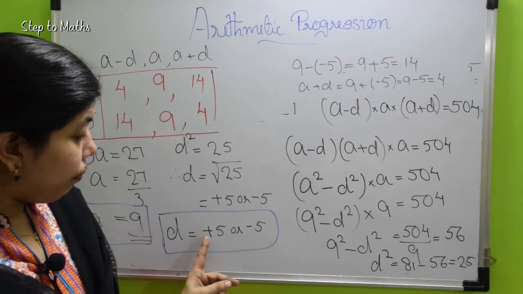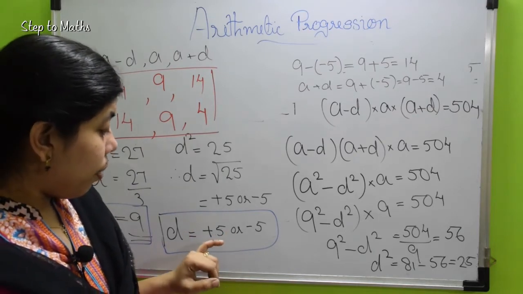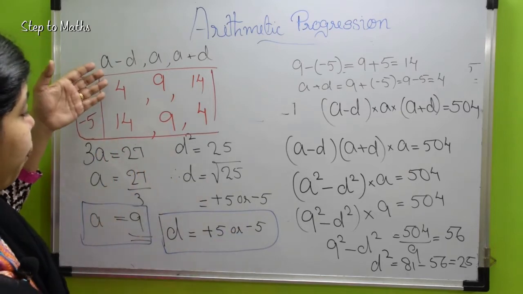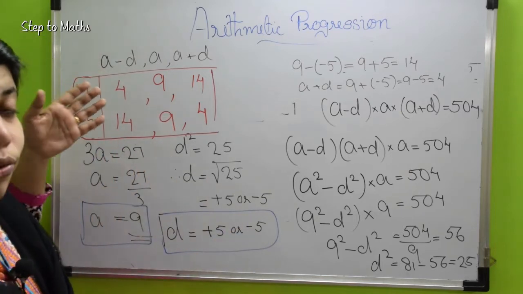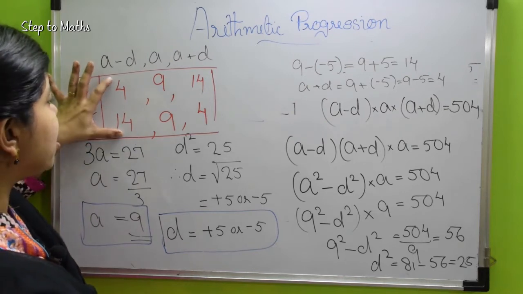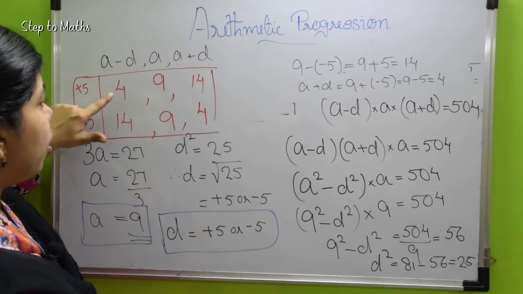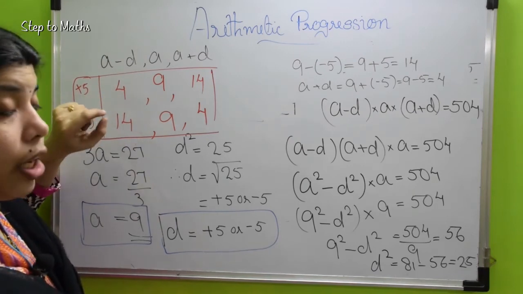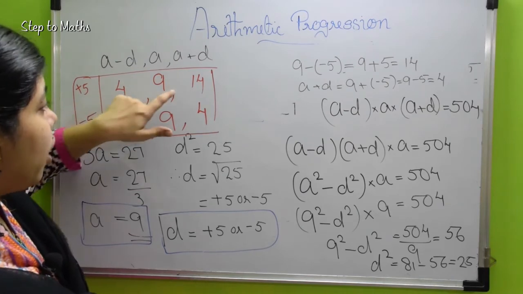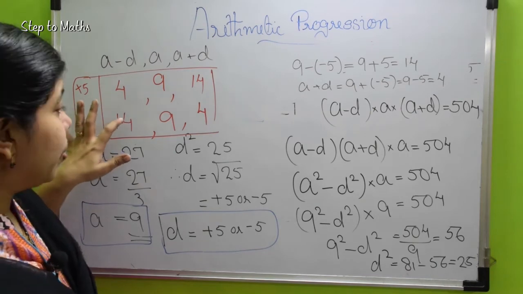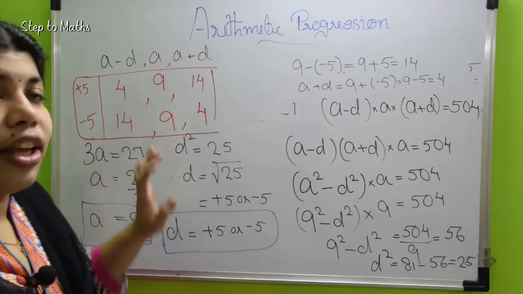Here the value of D is positive 5 or negative 5. So from the given information we can write two possible arithmetic progressions: if D is positive 5, the three consecutive terms are 4, 9, 14, or if D is minus 5, the three consecutive terms are 14, 9 and 4.